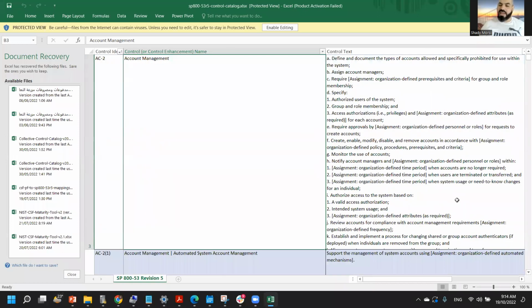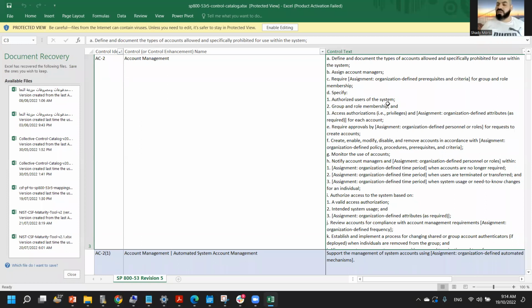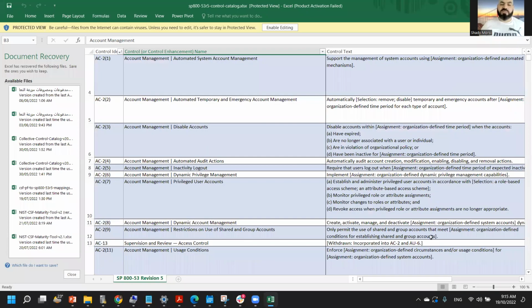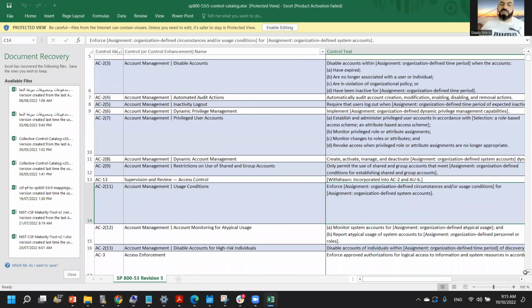So it will give you a list of things and how to do it: define and document the types of accounts allowed in your systems, assign account managers, authorize users for your systems, group and role membership, access authorization, permissions. It will tell you exactly what you should do when it comes to access management. For account management, for example, what you do exactly when you disable an account, it will tell you, and it will keep telling you every single control you should implement within your organization.